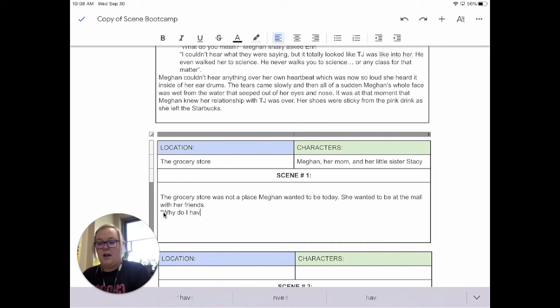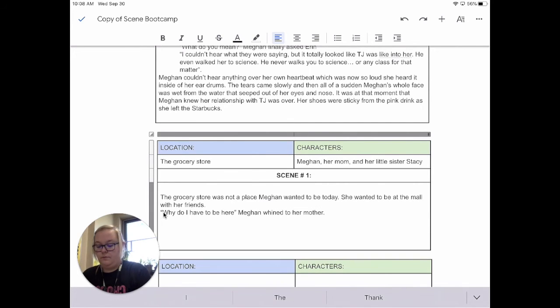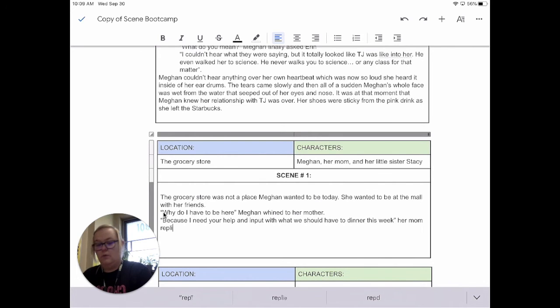"Why do I have to be here?" Megan whined to her mother. "Because I need your help and input with what we should have for dinner this week," her mom replied.